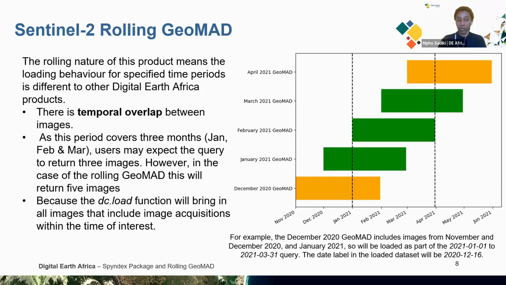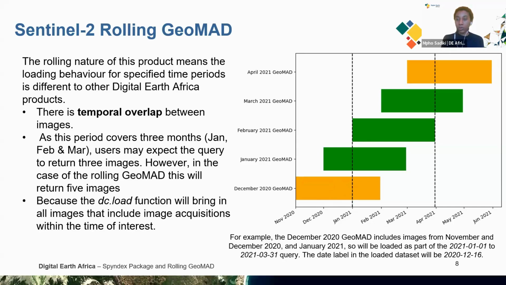As I've already explained, it uses the month before and the month after to compute the month of interest, which is in the middle. So when you request a time frame between January and March, as you can see from this graphic on the side, there's an overlap of December as well. That December date is included when you query your geomedians for that 3-month time frame.